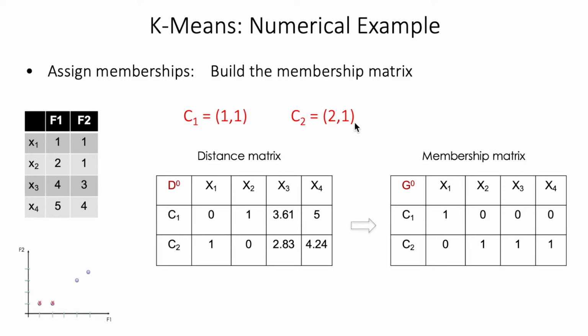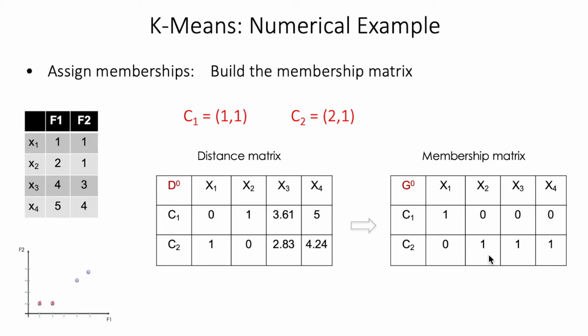Now for x2, we can see that x2 is closer to c2 because its distance is smaller than the distance between x2 and c1. This is why x2 belongs to the cluster represented by c2, and that's why we use 1 here.